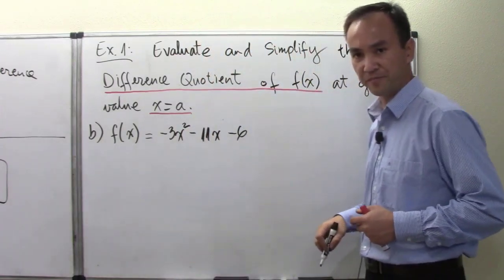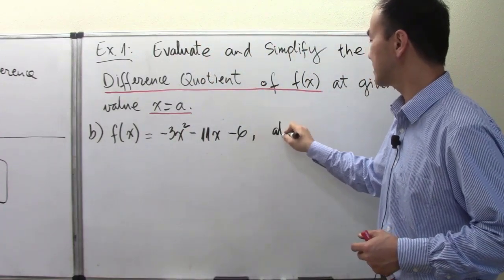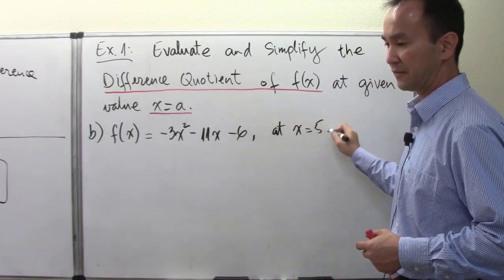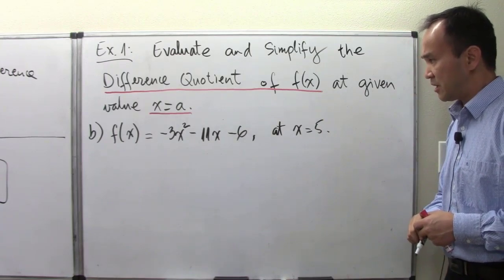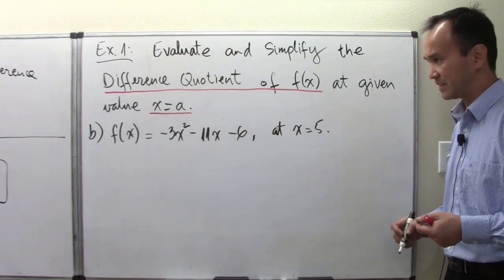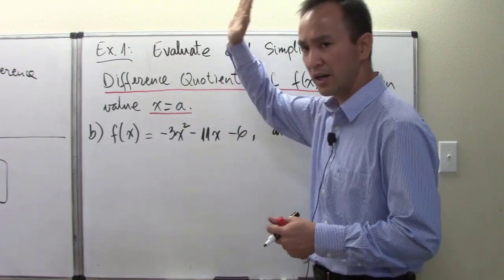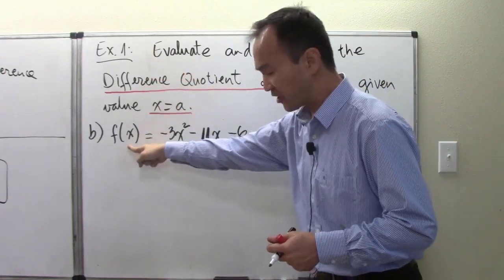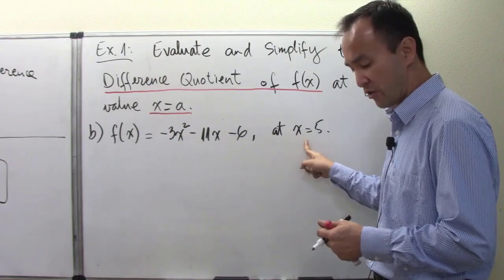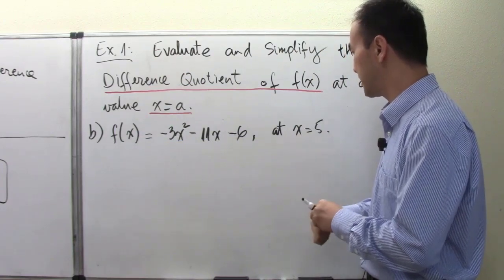That's your function. And here we want to give it at x equals, how about 5? At x equals 5. From there, again, let's set up what we want. The goal of this problem is to set up the difference quotient of that function at this specific given value right here. So this is the part to be underlined.